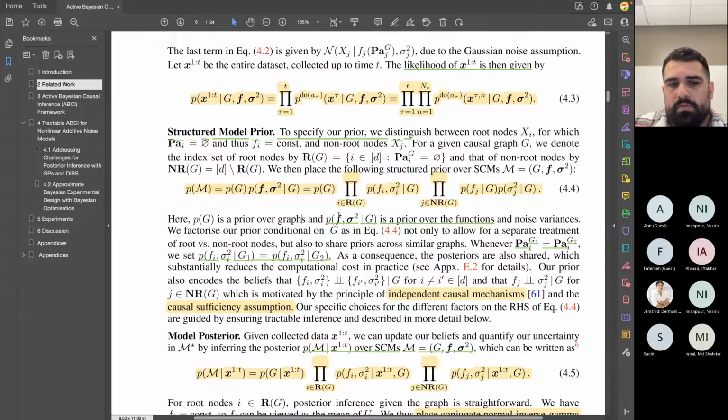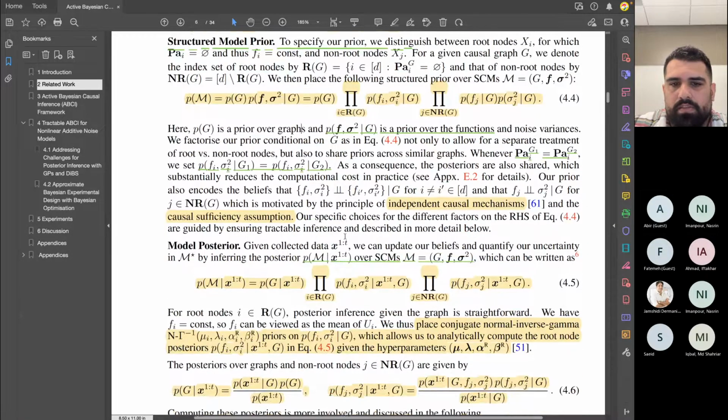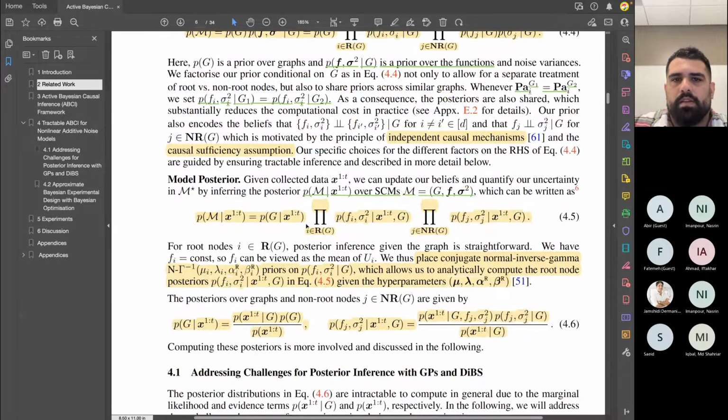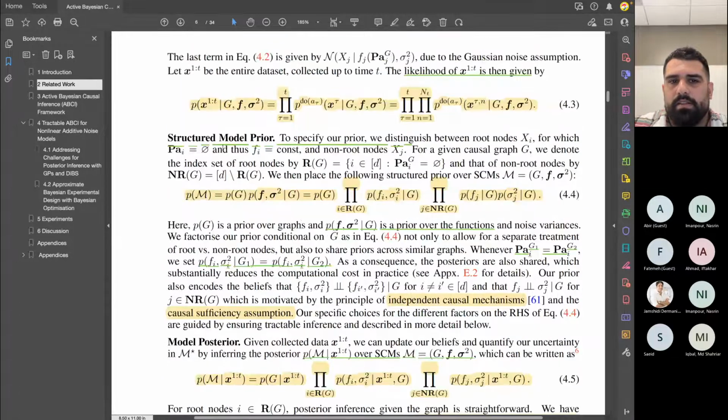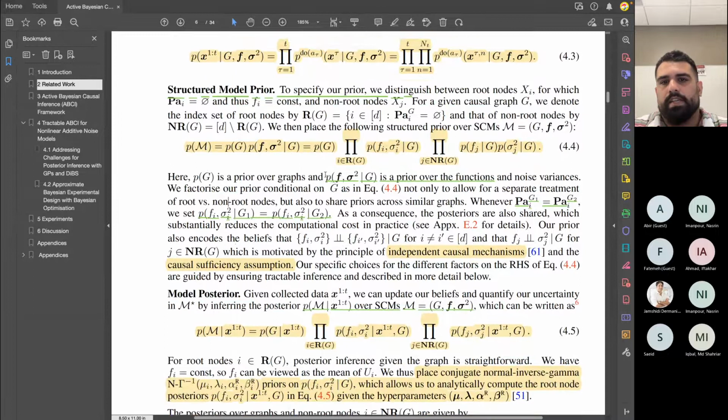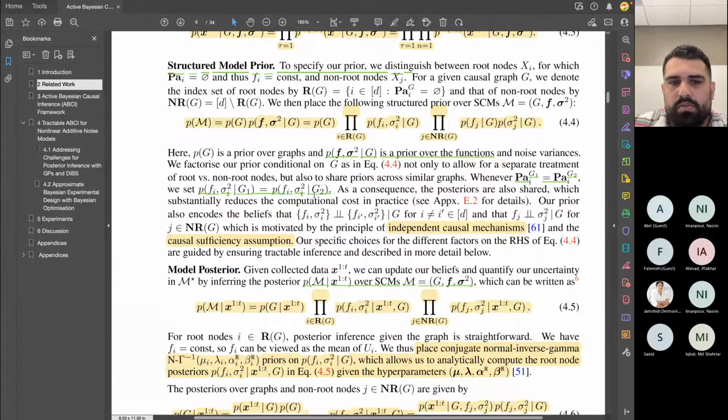They talk about that a little more further down the line, but this is how they define their model prior, a distribution over the model based on this calculation between root nodes and non-root nodes.